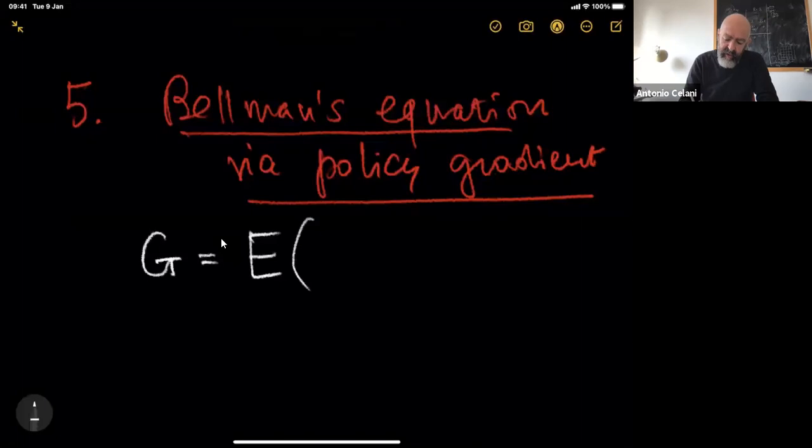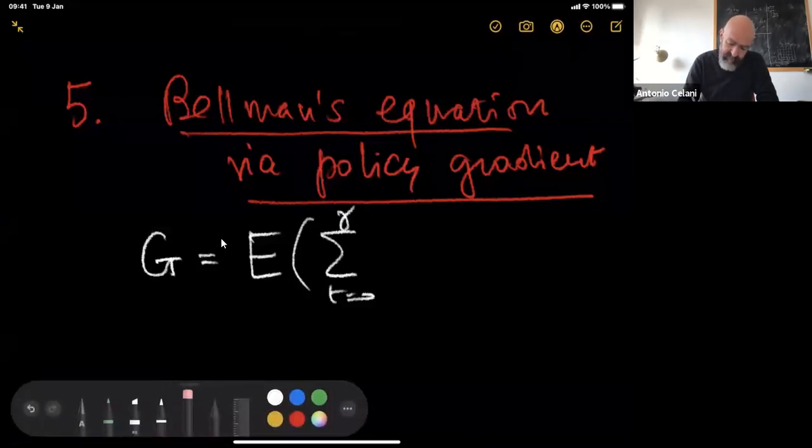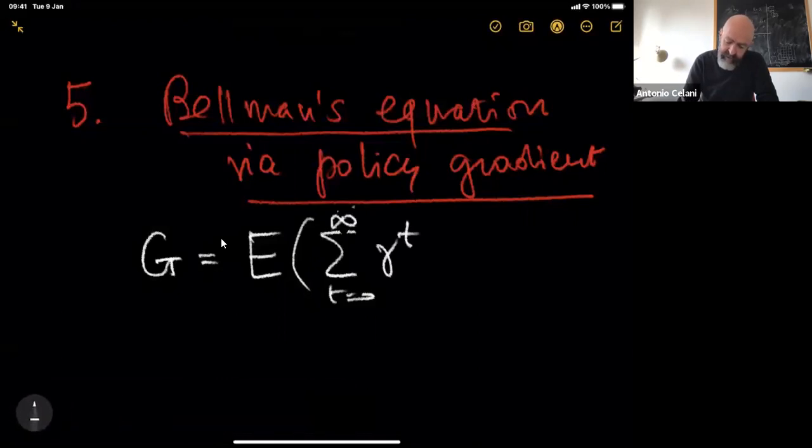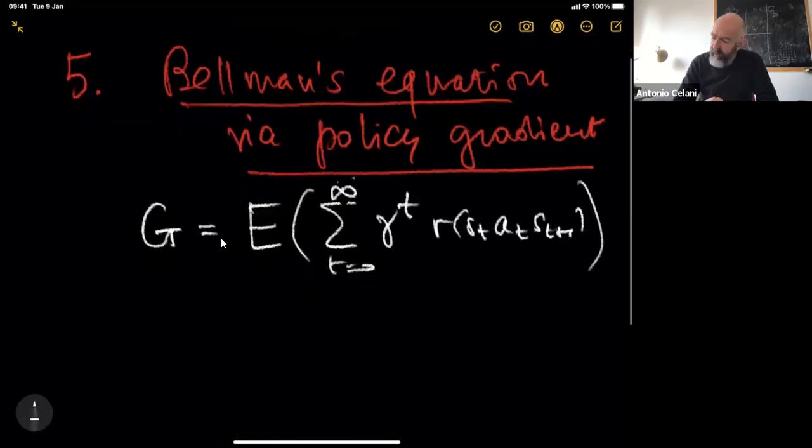So the best policy in order to maximize the discounted cumulative reward, also called the return.